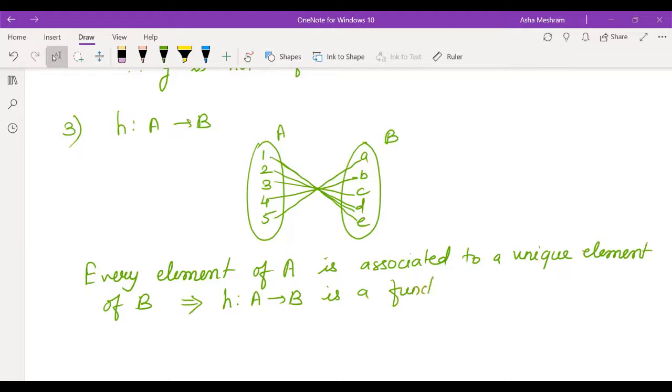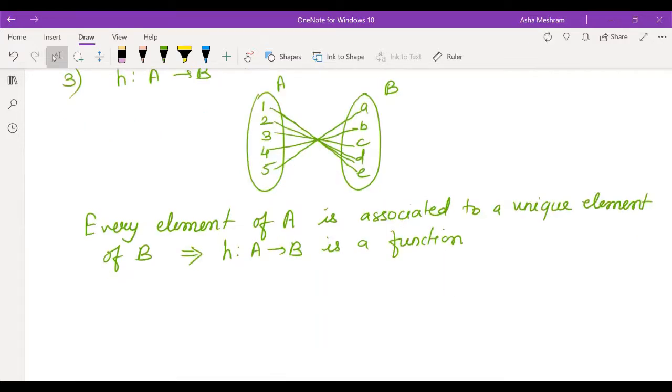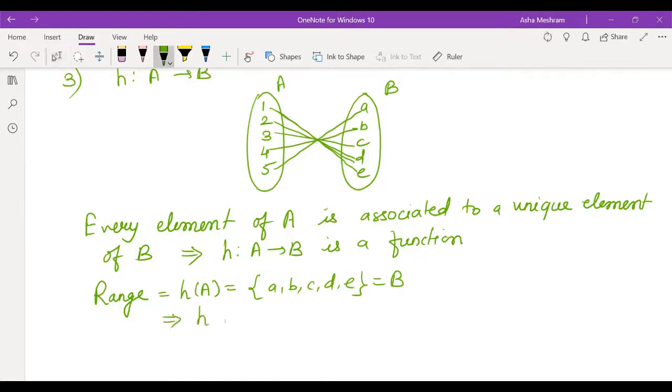This gives that H, the mapping from A to B, is a function. And here you can see that every element of B is an image, and range is the set of images. So the range H(A) is equal to {A, B, C, D, E}, nothing but the set B. This also implies that H is one-one and onto as well.